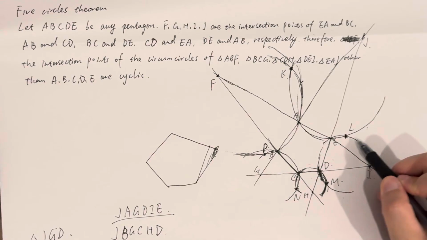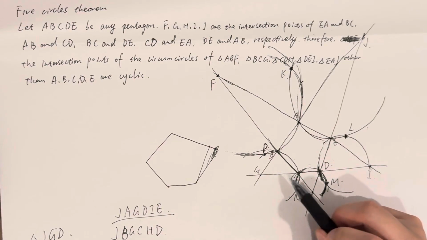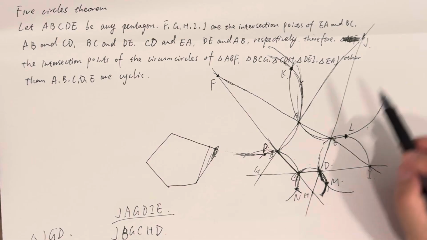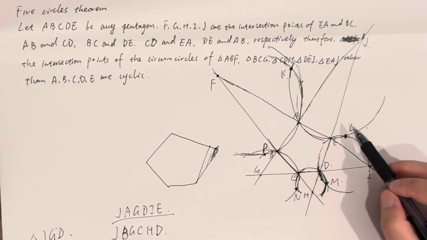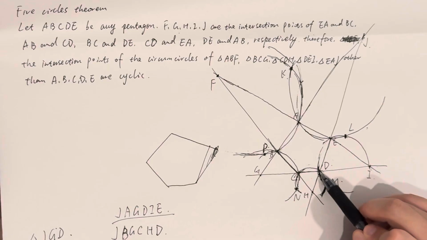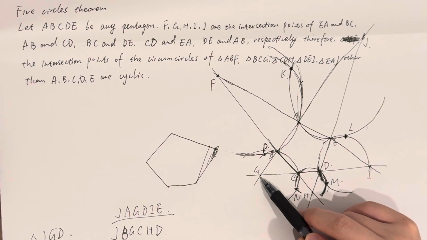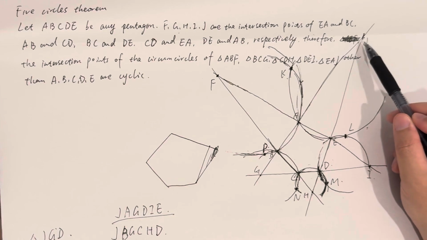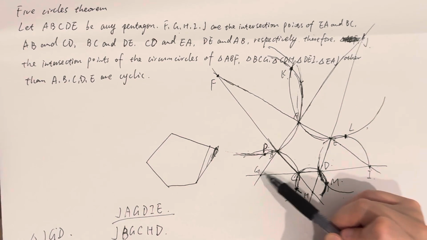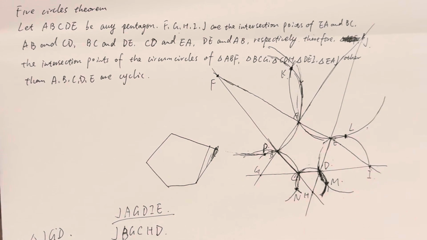Which means, let me rephrase, L, D, N, G, J are cyclic, right? Are on the same circle.